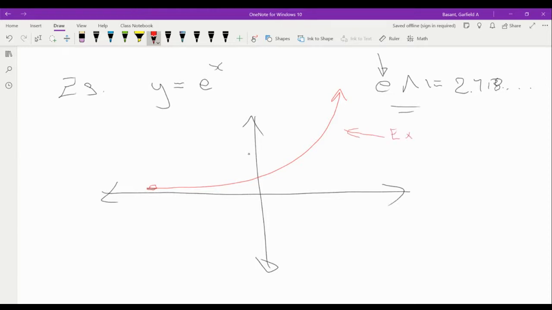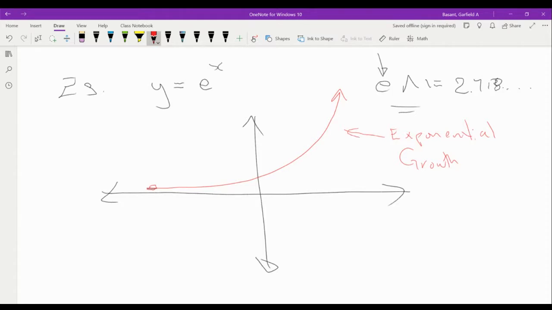This is called exponential growth. When it looks like that, it's exponential growth.